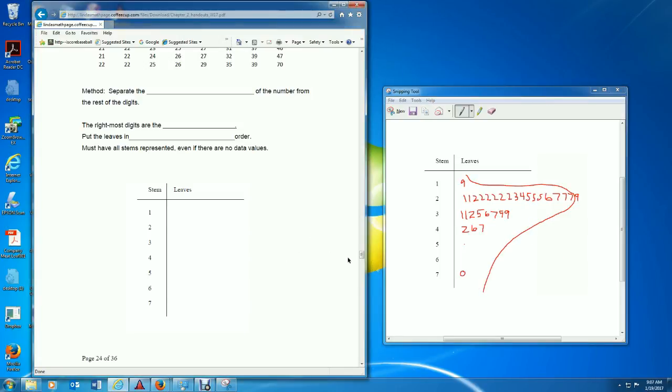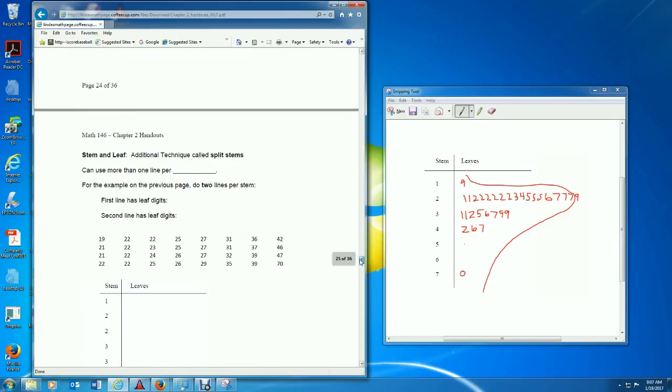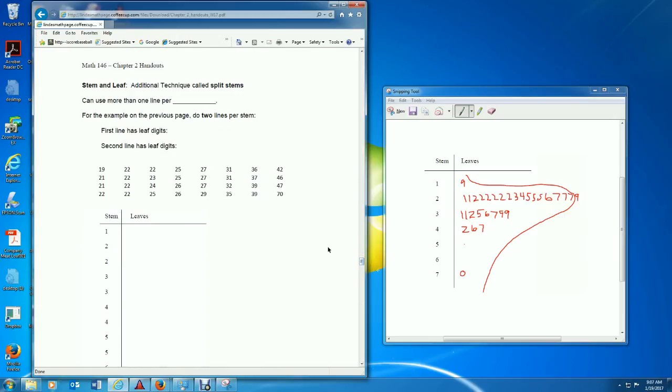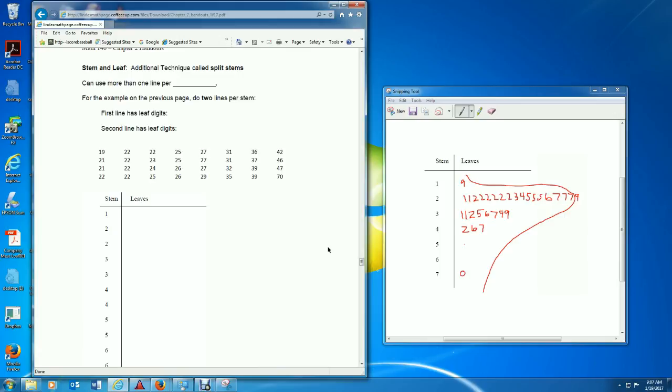All right, so there is another technique you can use for stem and leaf, which is called using split stems. You can use more than one line per stem. So we're going to redo the example we just did with 2 lines per stem. The first line is going to have leaf digits 0 through 4.